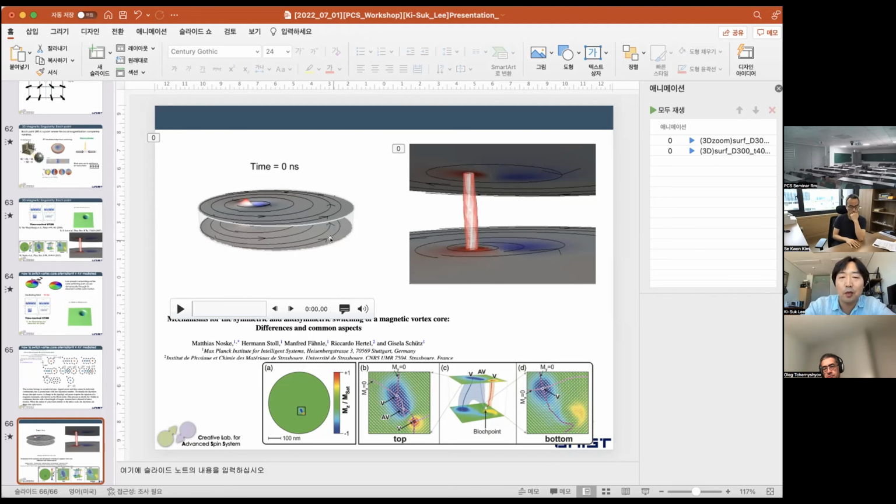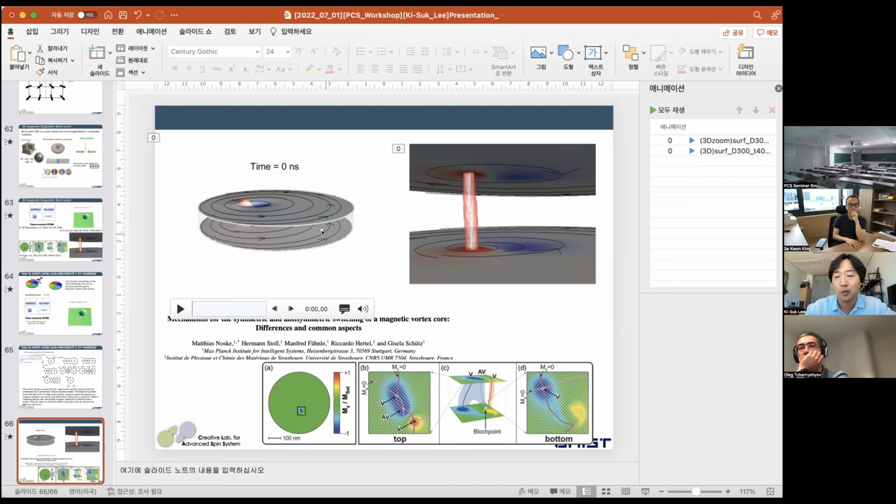If you think about the creation of the vortex, initially the vortex core is injected from the edge, and if we calculate the topological charge over the whole surface, you cannot see a change in the topological charge from the initial uniform structure to the vortex core structure.